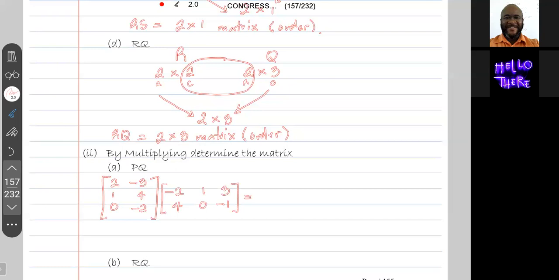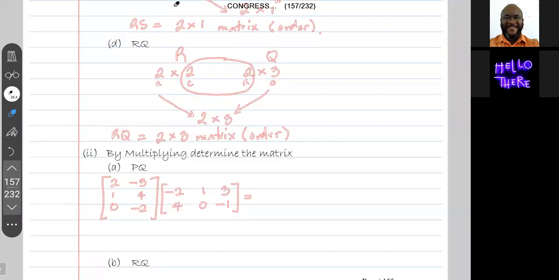All right, so we're going to multiply these two matrices. We're multiplying P by Q. Whenever we multiply two matrices, we multiply the rows of the first matrix by the columns in the second matrix.